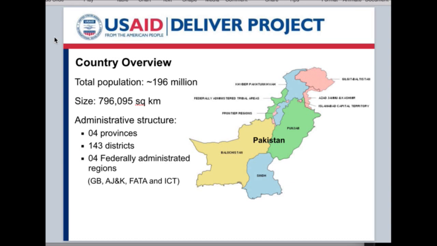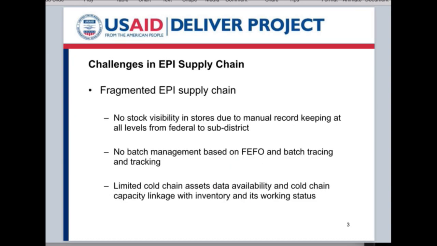So when we started the vLMIS, there were significant challenges in the collection, use, and management of the logistic data in paper-based logistic and supply chain management. Generally, vaccine commodity operates with varying distribution system and distribution levels from federal to the districts and sub-districts.